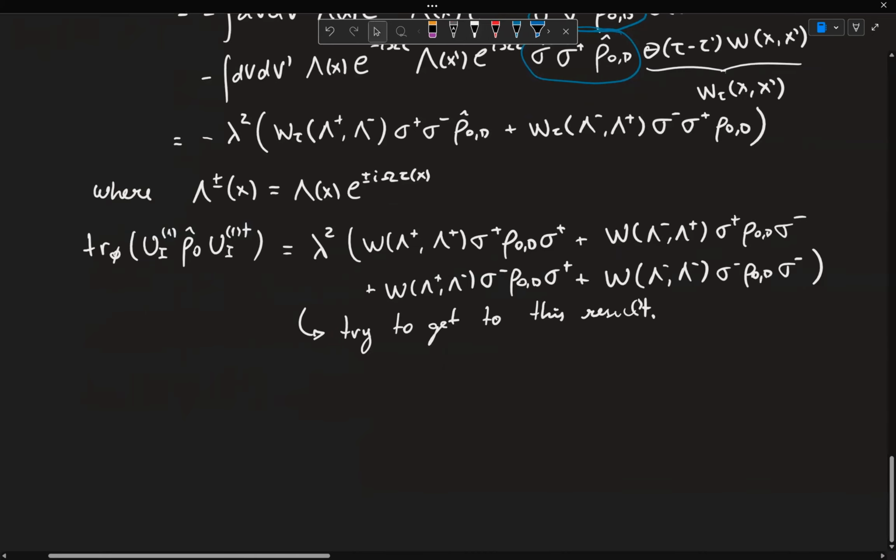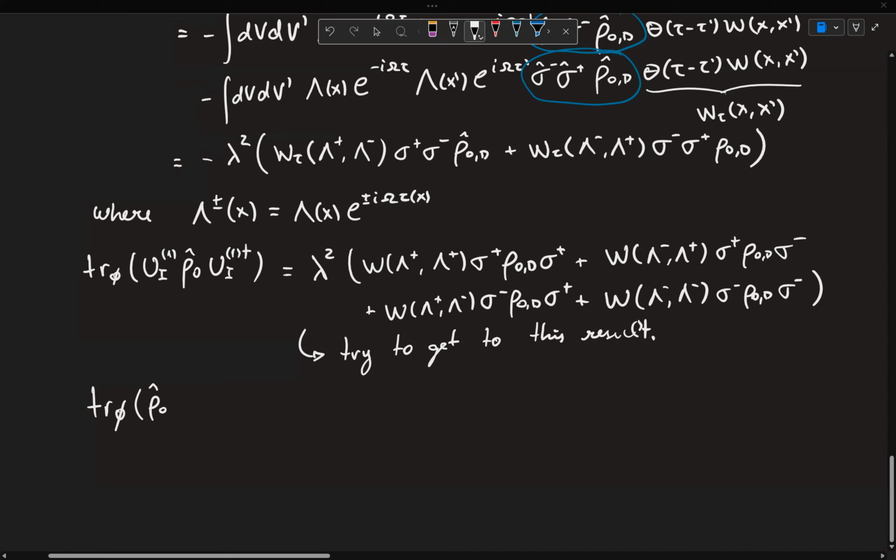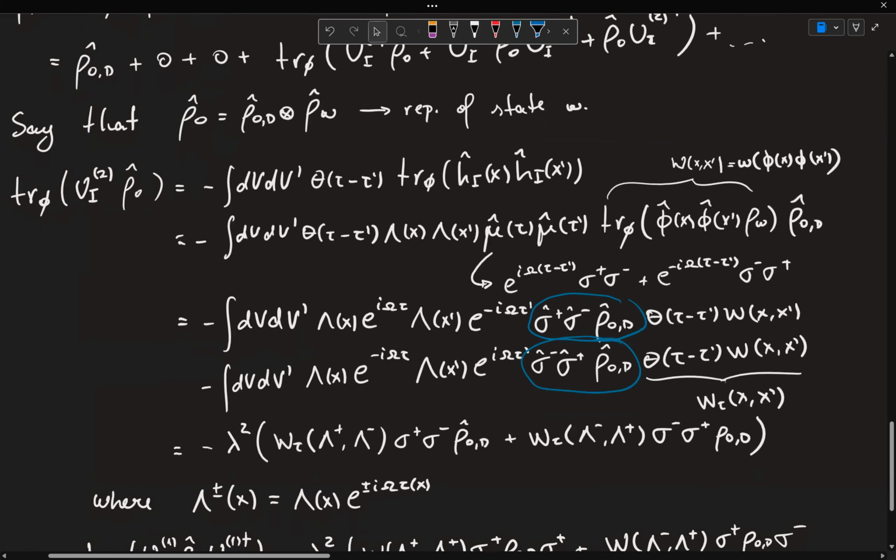Excuse me. Yes, please go ahead. There's a question in the chat. The person asking, are we supposing that the density operator factorizes at all space-time points? I don't know what you mean by that. So the qubit density operator does not depend on spacetime, right? It's like a matrix pretty much that lives in C2.